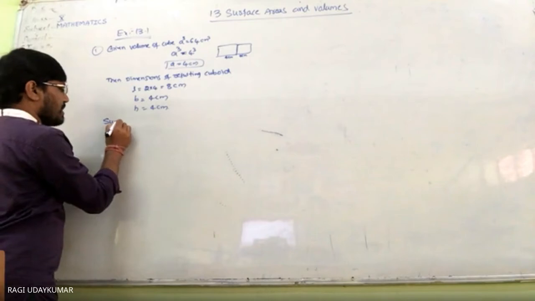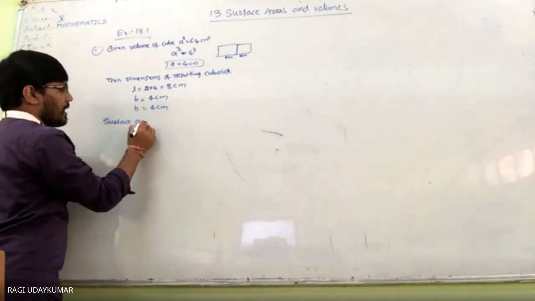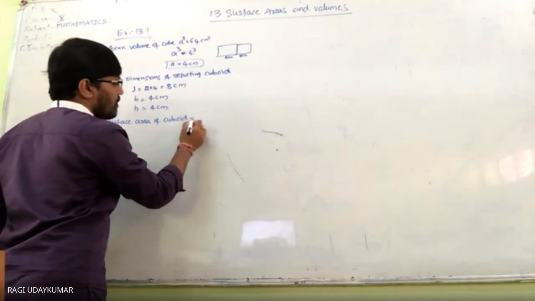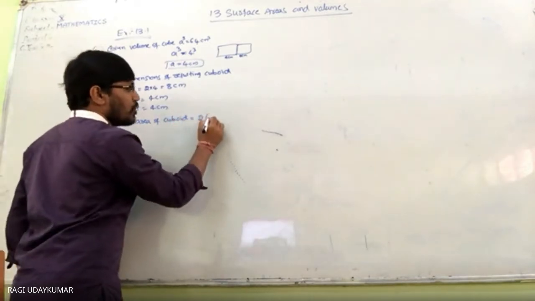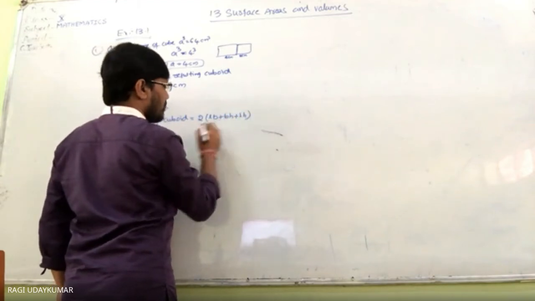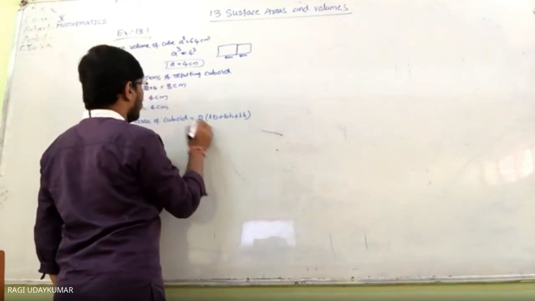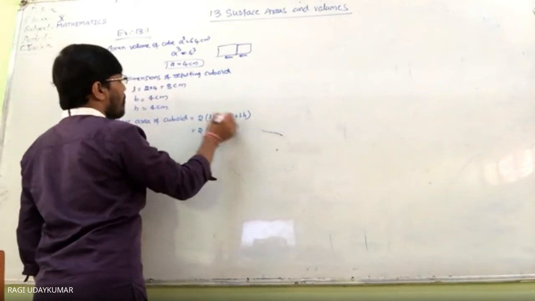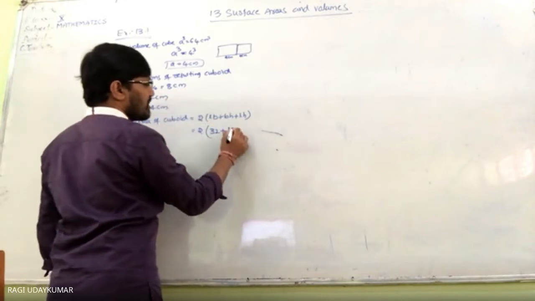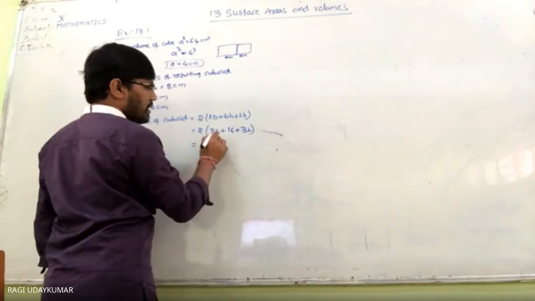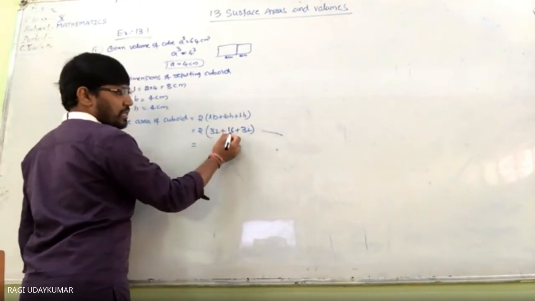So surface area of the cuboid, formula: 2 into (LB plus BH plus LH). So 2 into L into B, 8 fours are 32, B into H, 4 fours are 16, and L into H, again 32. 32 plus 16 is 48, plus 32 is 80.